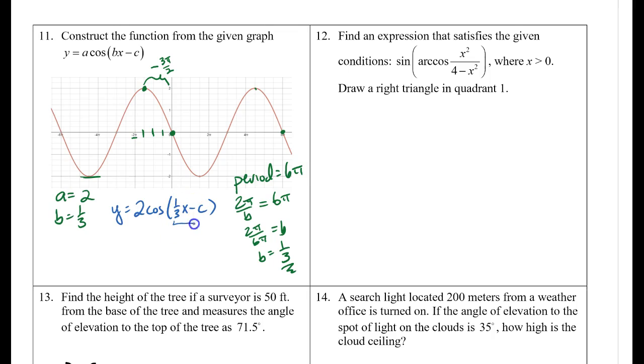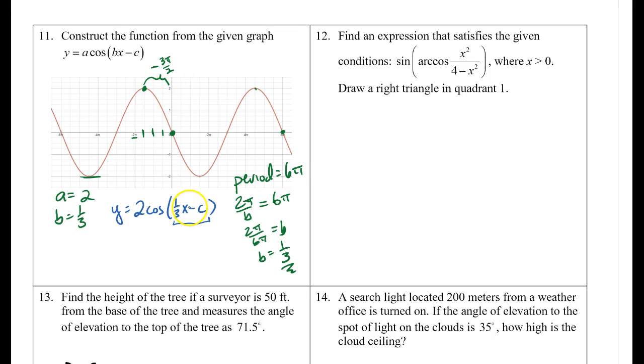I know that this whole thing is supposed to equal 0 when I plug in a -3 pi halves. That's like my original 0 spot. So we're just working backward. Think about finding the phase shift, how we set whatever's inside of here equal to 0 and we solve it. Well, if it's set equal to 0, I get -3 pi halves.